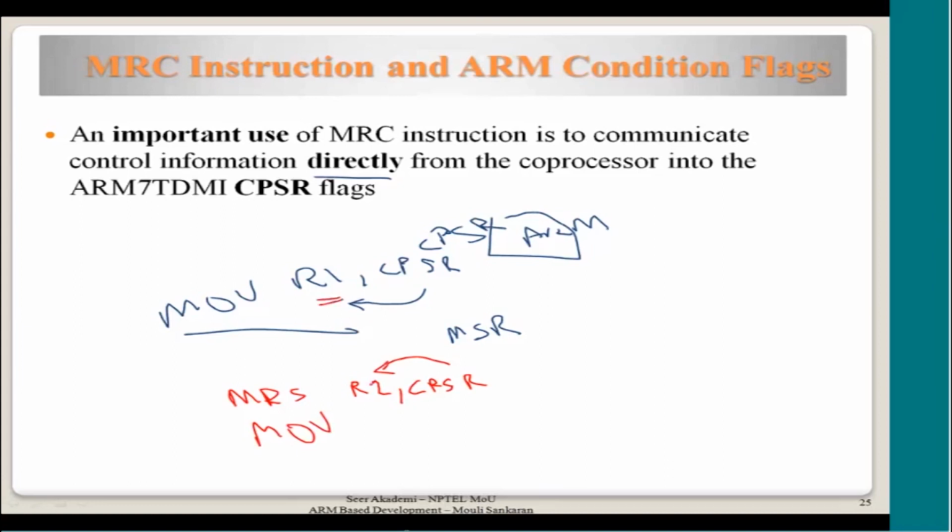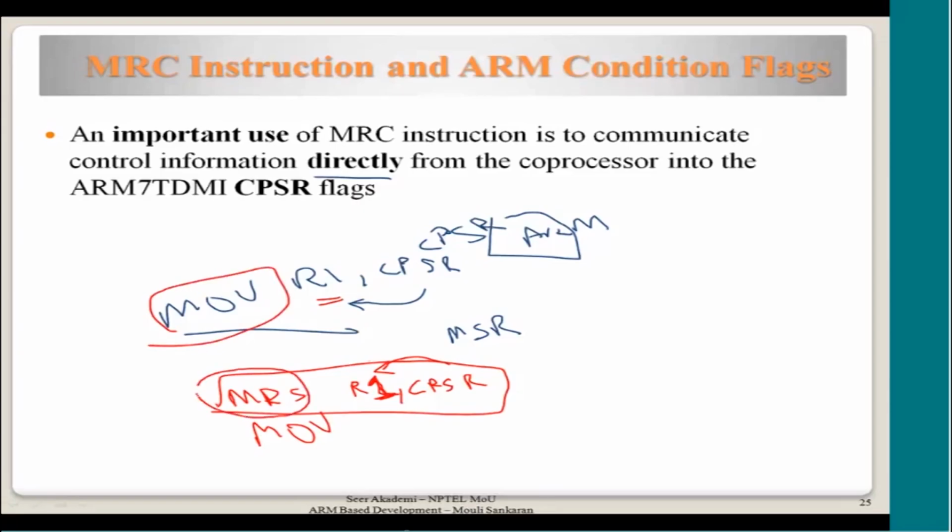Why do I go around this? R1 comma CPSR, what does it mean? I cannot access it using any of these instructions. I need to use a special instruction to move from CPSR to some register value. So let me come back here.